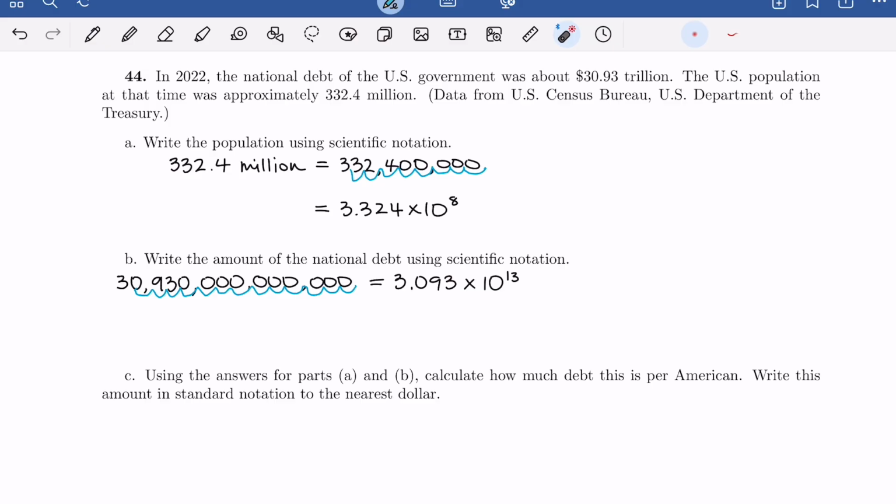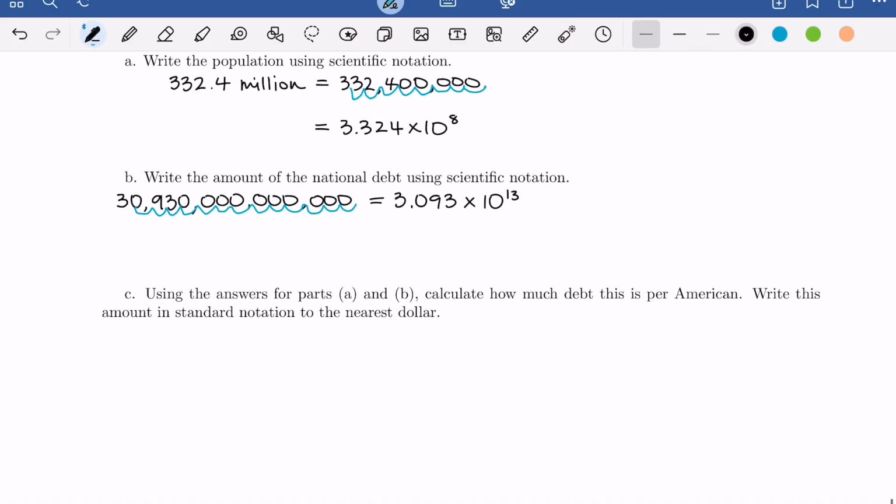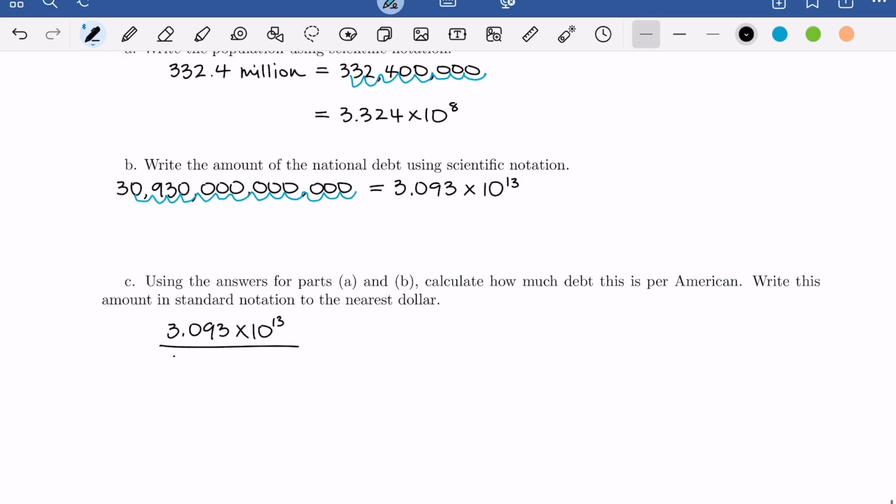So we're going to take this entire debt and divide it by the amount of people. This will give us an average on how much debt this is per American. So we're going to take this debt here and divide by our population. Our population in scientific notation was given as this.